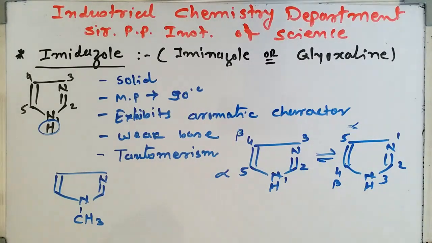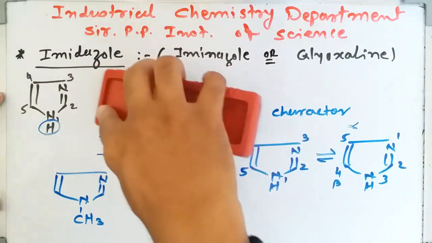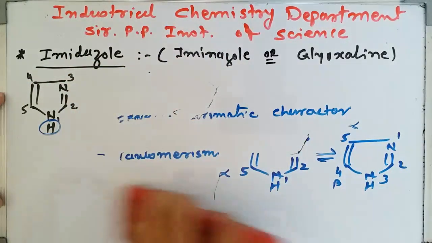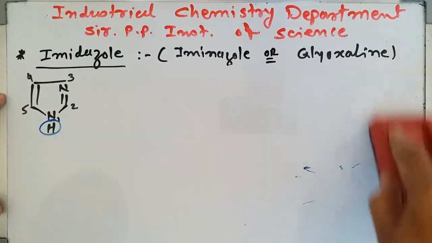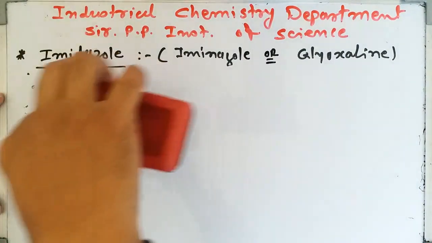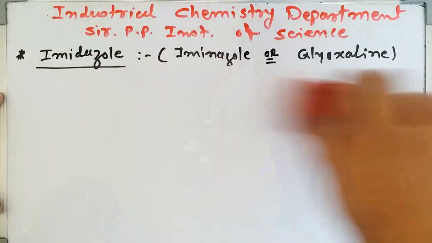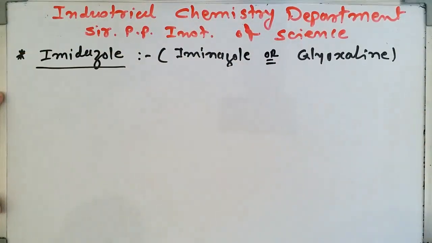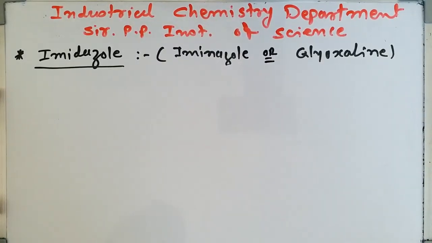Now we see the chemical properties of imidazole. About structure, tautomerization: positions 4 and 5 must be identical.